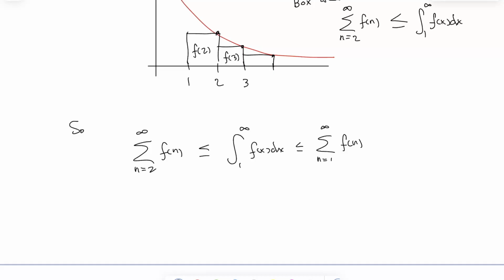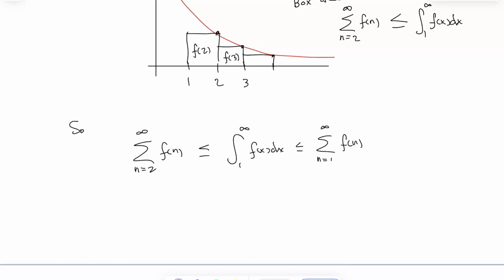All right. So, like I said last time, the integral and the series are not equal, but they are related. In particular, the value of the integral is in between this version of the series and this version of the series. The only difference between this one and that one is whether you include the first term or not.